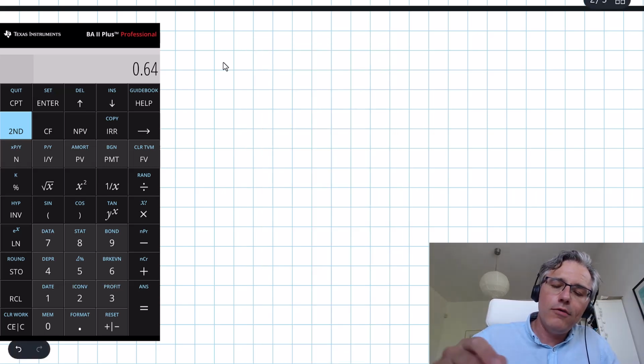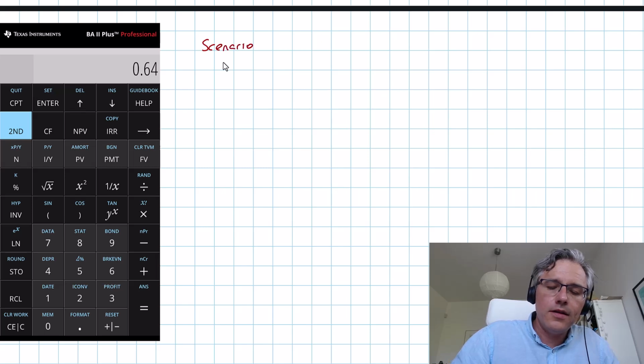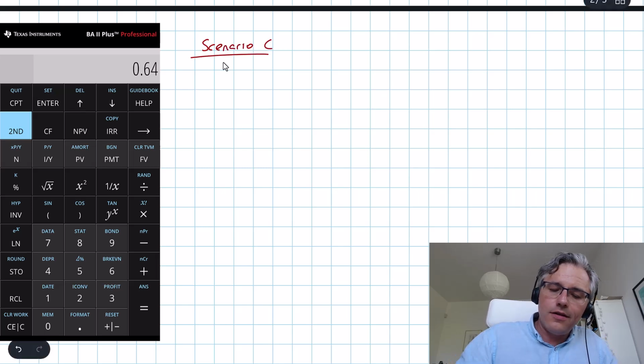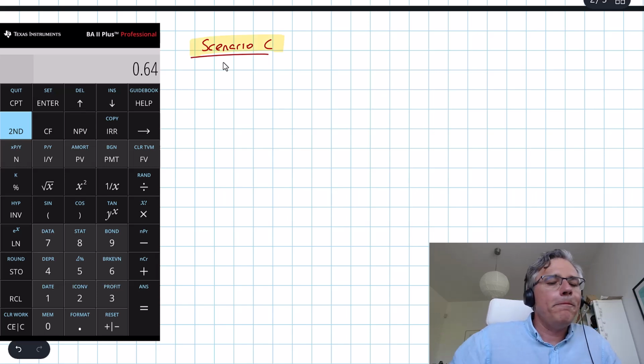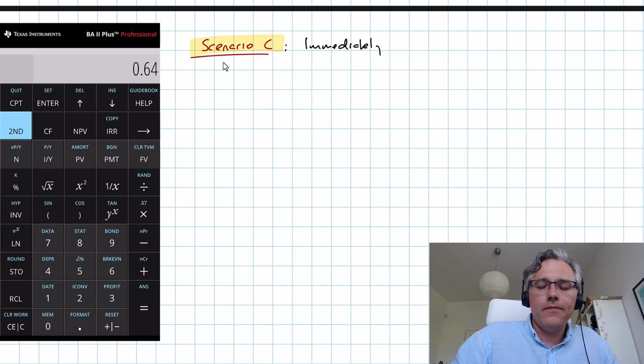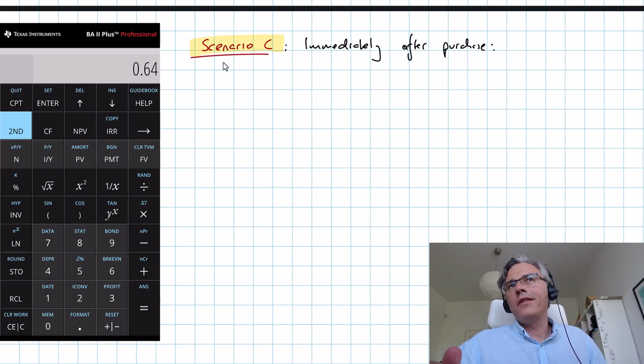Let's entertain one more scenario here. Scenario C, let's call it. And under this scenario, what we will assume is that immediately, again, after the purchase of the bond, it doesn't have to be immediately after.